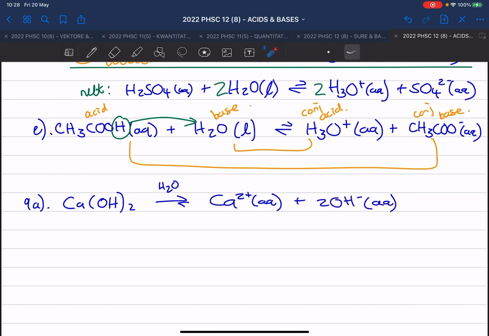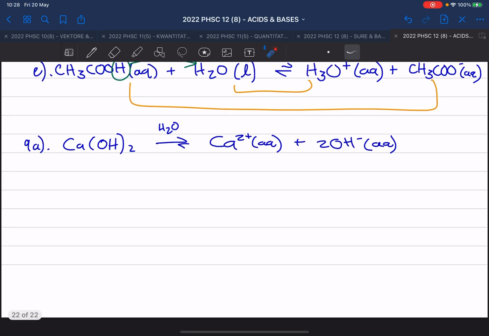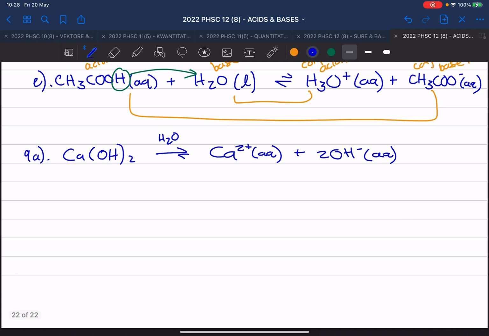If it gives you 2 hydroxide ions, is it mono or dibasic? Dibasic. It's di because it gives you 2 OH's. Thank you. Sorry, I forgot to put here, this is a solid, because bases are all solids to start with.